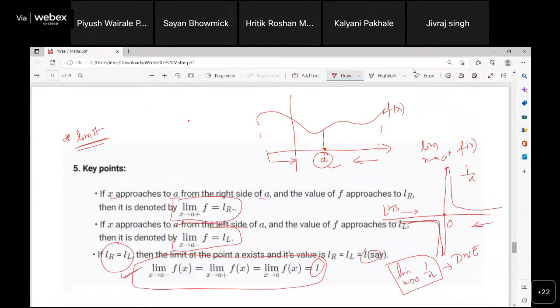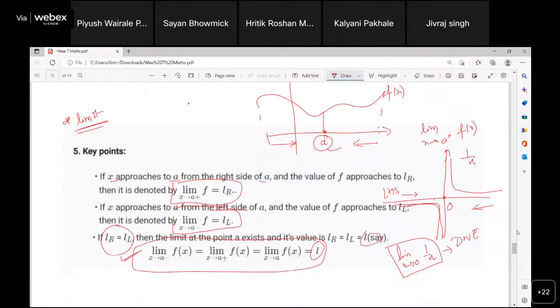Sir, I have a doubt while solving this type of question. I encountered polynomial by polynomial functions. Could you please, sir, later on after completing this, explain how to draw the graph of a polynomial by polynomial function? Is there any general method?